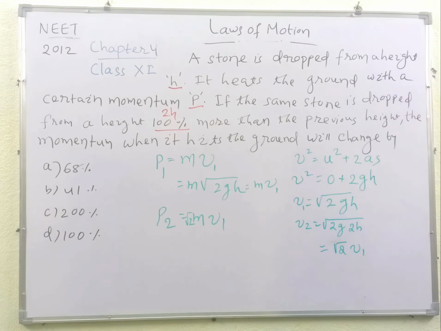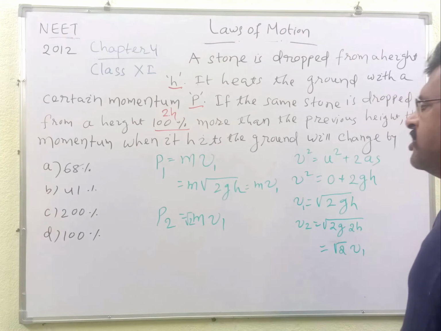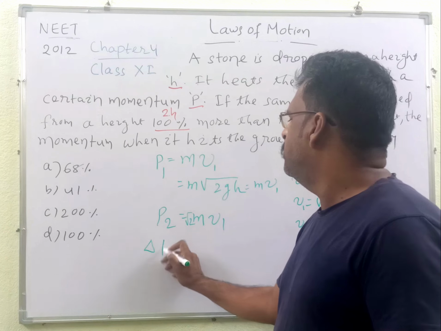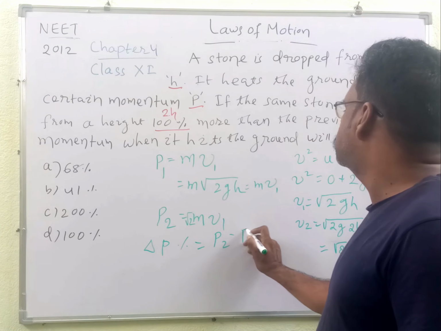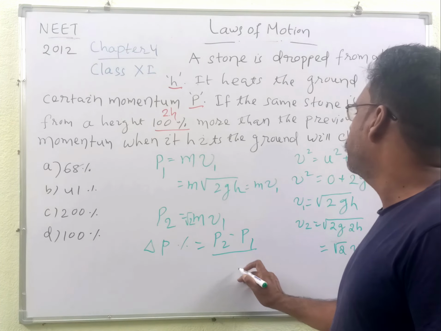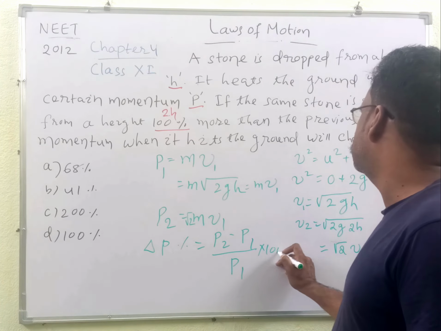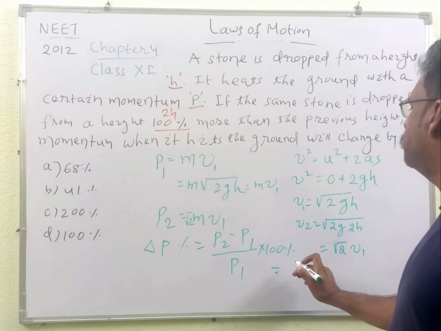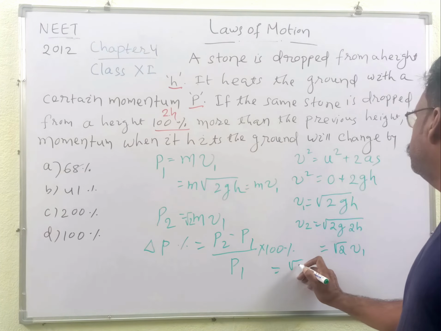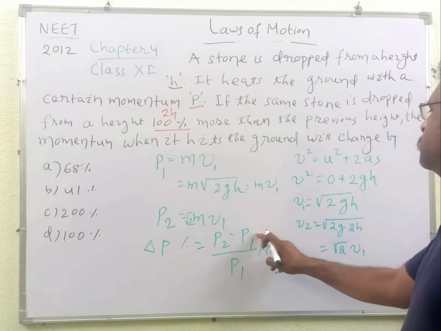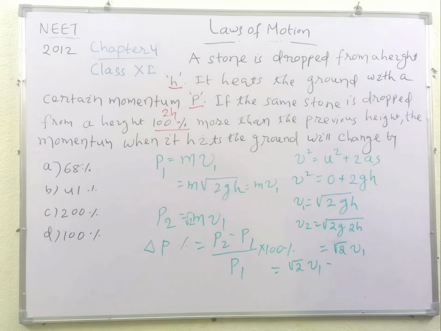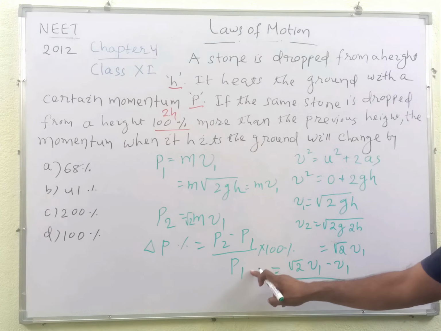So what is the change in momentum? P2 is this much, P1 is this much. The change in percentage will be delta P equal to P2 minus P1 by P1 into 100%.